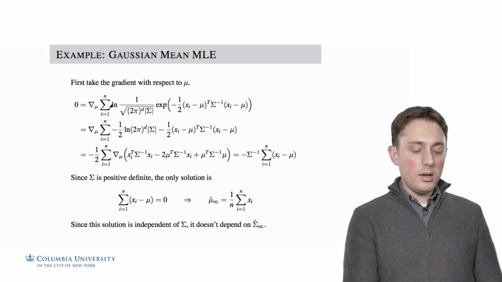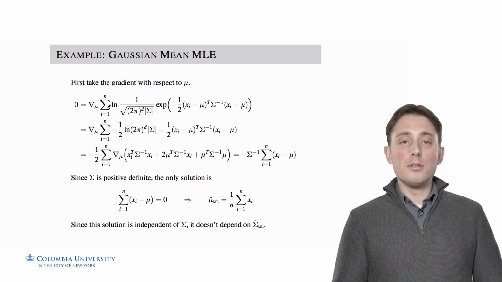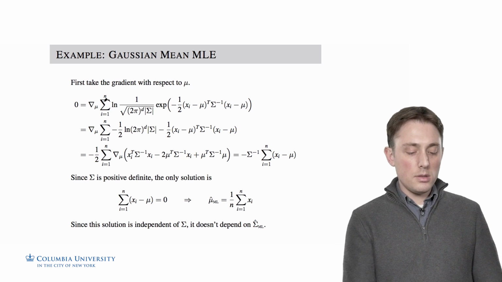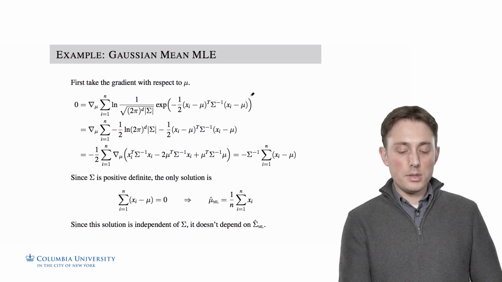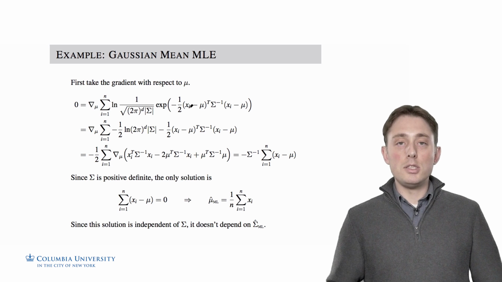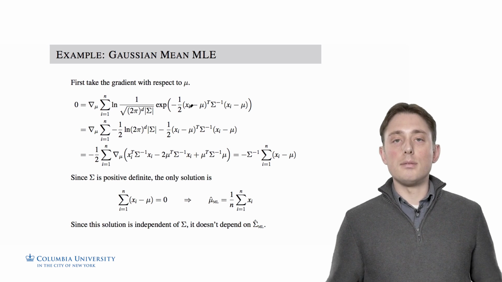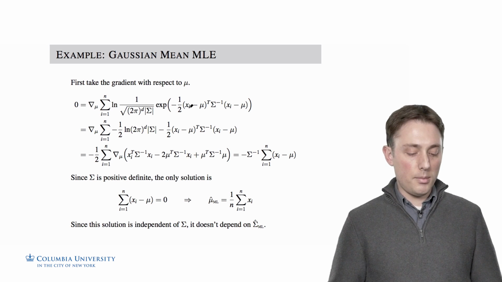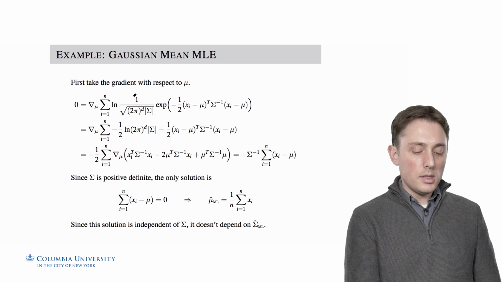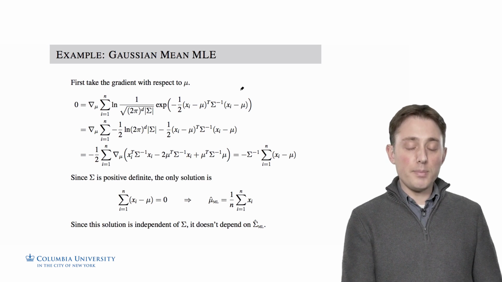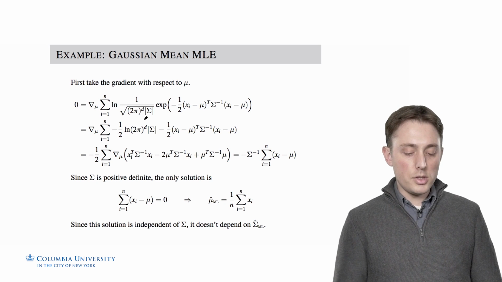So we have the log of the joint likelihood. That is the sum over each of the n observations of the log of the multivariate Gaussian evaluated at each observation. So here we're starting to get into the actual math where we're plugging things in and solving math equations. We write out the multivariate Gaussian density function.